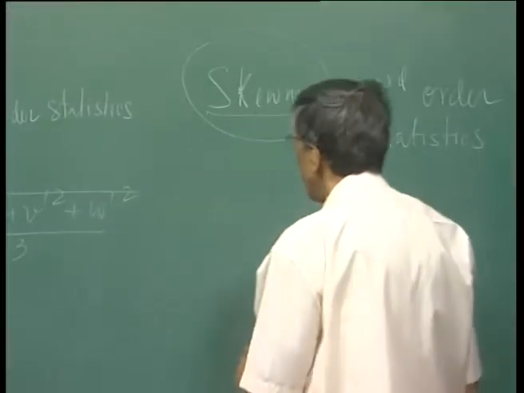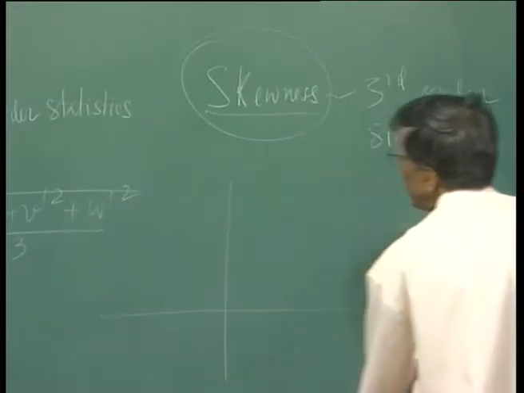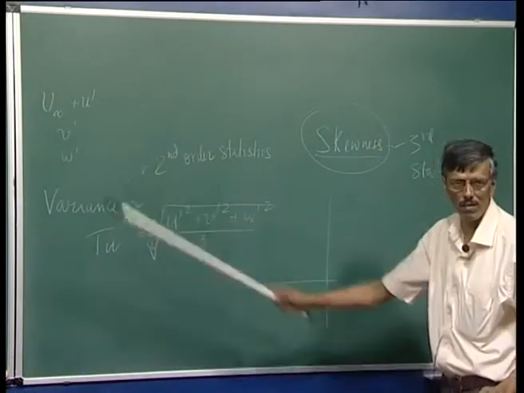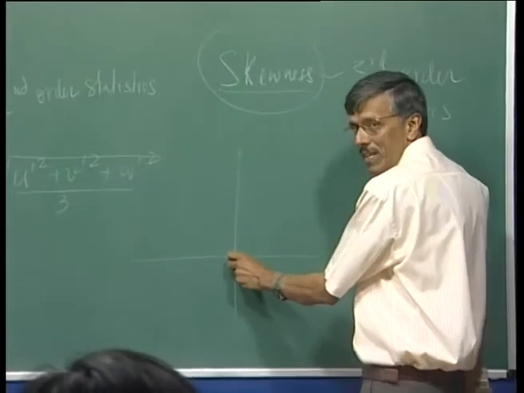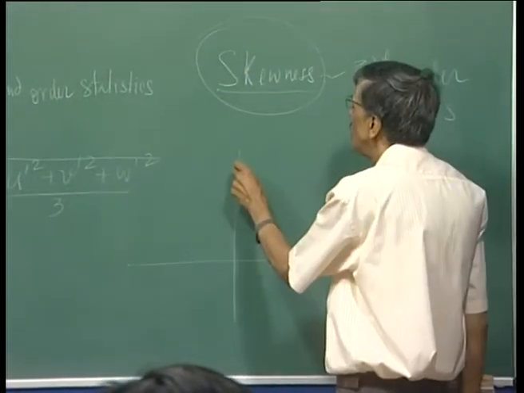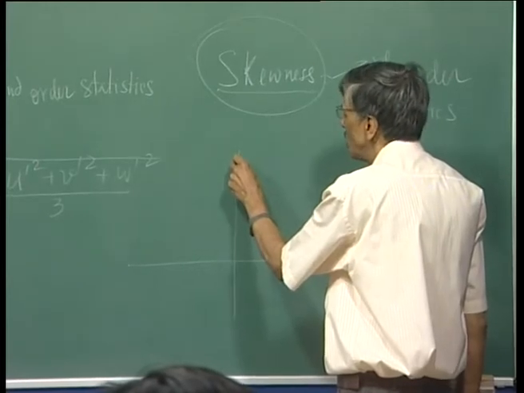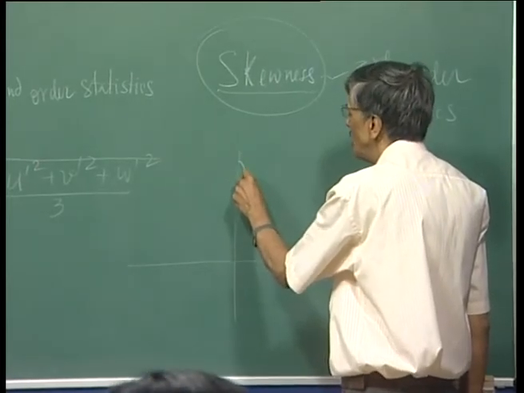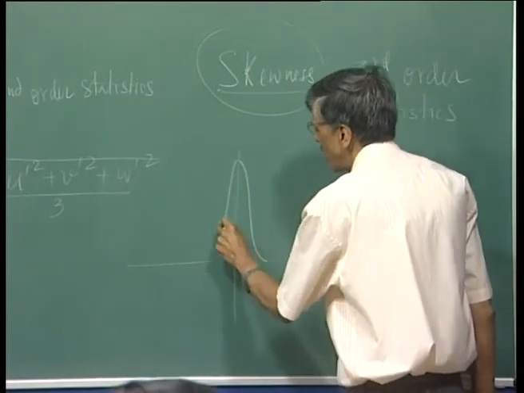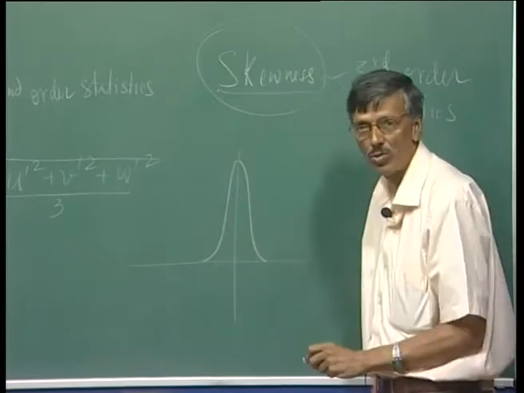And if I create a very well designed tunnel, then I would have a u infinity here, and all the moments would be such that I would like to get a perfectly symmetric distribution like this.